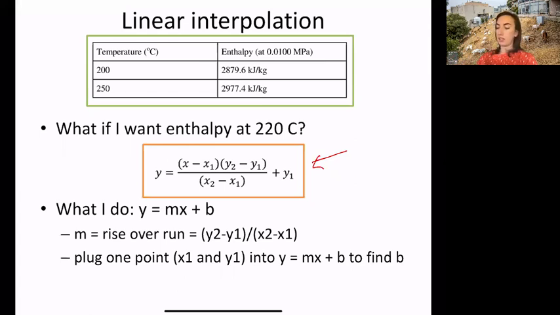So I guess just to be clear, on my x-axis, this would be x1 and y1, and this would be x2 and y2. So I have 2 points, x1, y1, and x2, y2. So my rise over run is just y2 minus y1 over x2 minus x1, and that gets me my slope. And then I just plug one of the points in and solve for b.